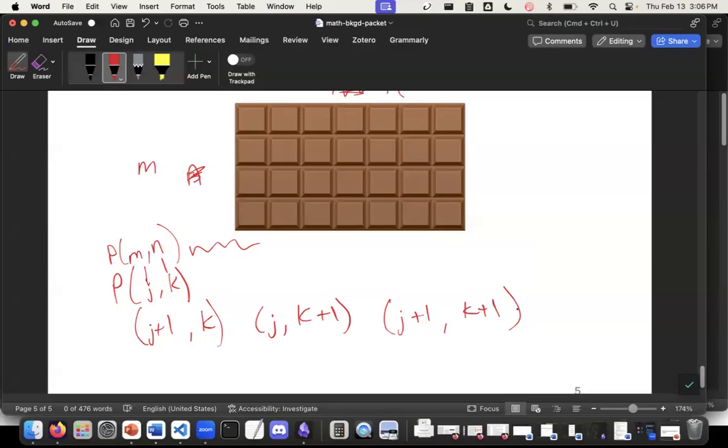We have one less break than the length of the bar. It's simpler than you think, I guarantee you.